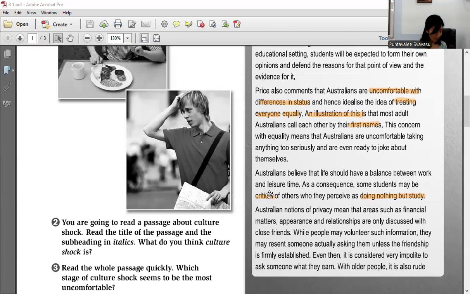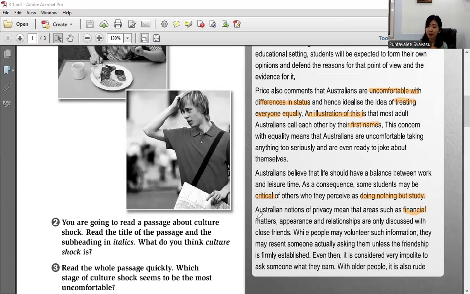So this one is false because the question says positive comments, but here actually it's negative comments. So number 4 is false.